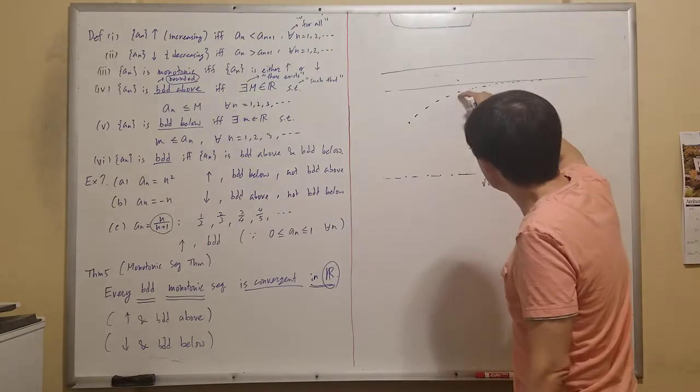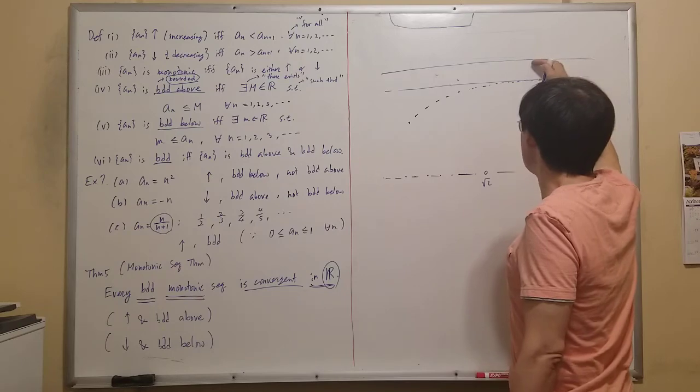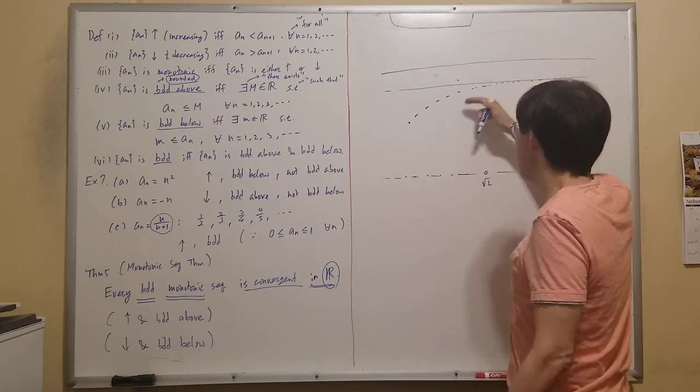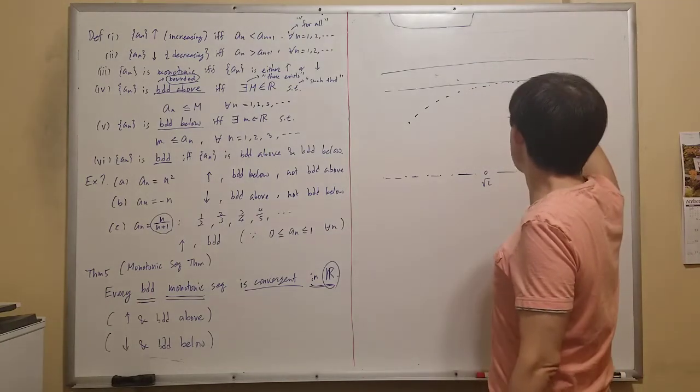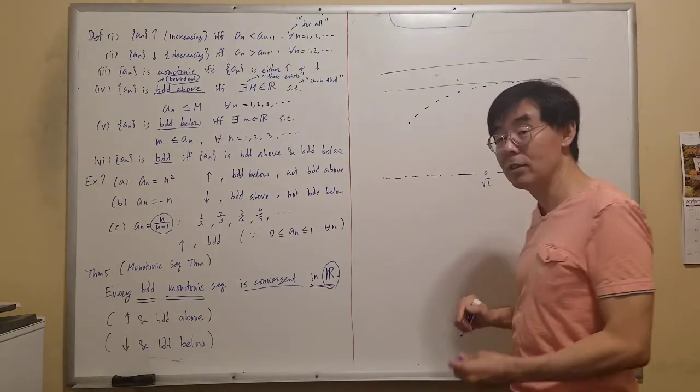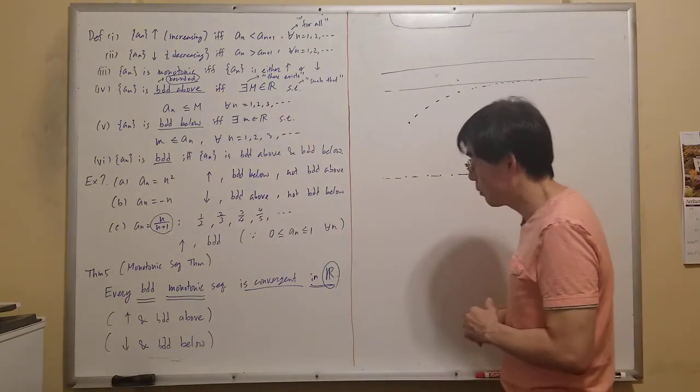If it is not allowed to go forever, if there's already a ceiling, either to this ceiling or somewhere below, it's going to be accumulating, right? The value it is approaching will be the limit of the sequence. Same thing for a decreasing sequence bounded below.